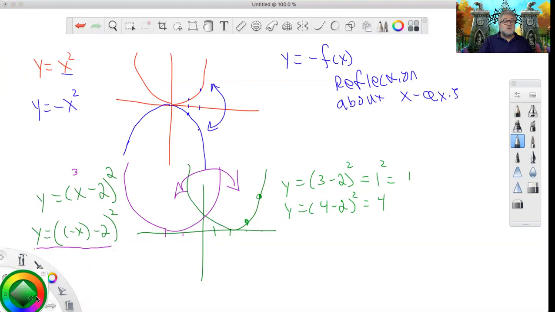Now let's go to Purple Town, and let's use this other function. y equals minus 3 minus 2 squared. Well, that's going to be minus 5 squared. 5 squared is, holy crap, that's 25.